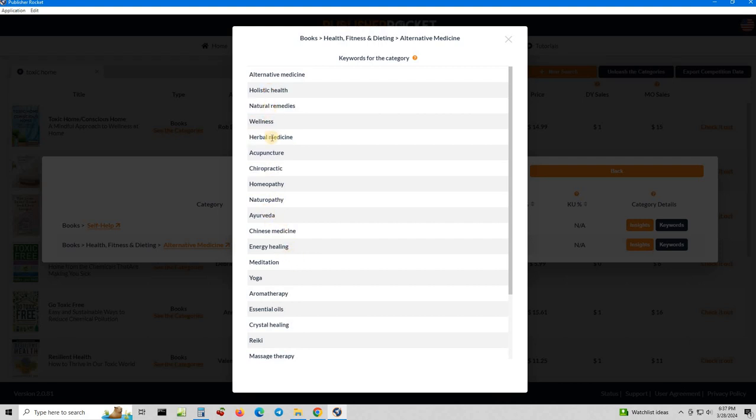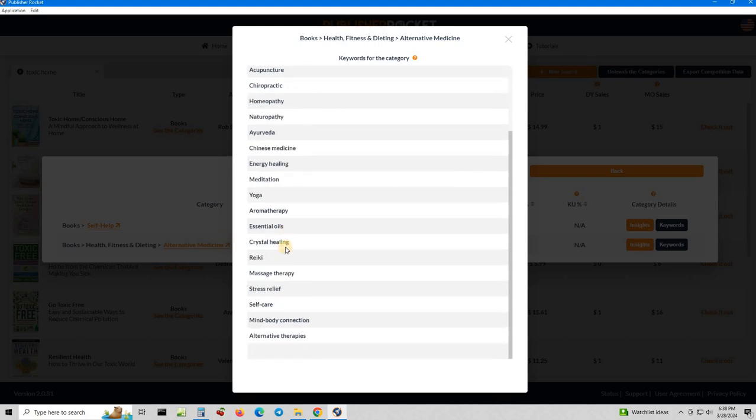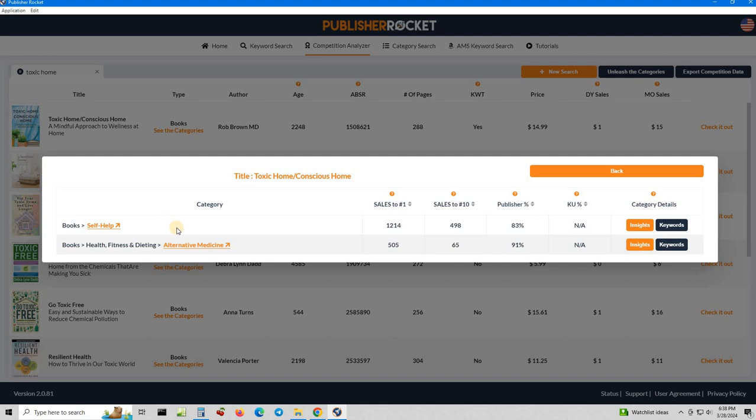Holistic health, natural remedy. This would be a perfect category and keywords for the tea book that you're going to write. Crystal healing, massage therapy, stress relief. None of these really have anything to do with this toxic home book. So that's another reason why the book's suffering in sales.